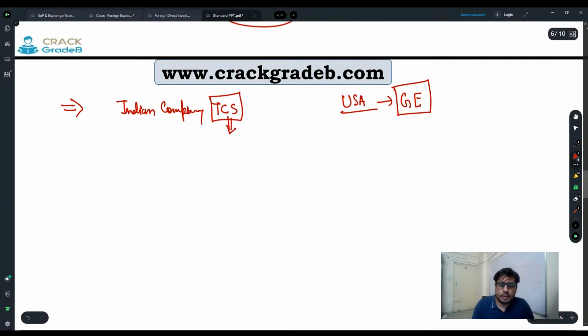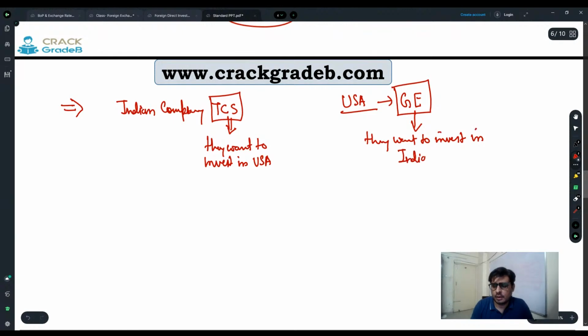TCS is an Indian firm, and they want to invest in USA. Whereas GE is a US company, they want to invest in India. So obviously, if you are going to invest in India, right, and they want to invest in USA.